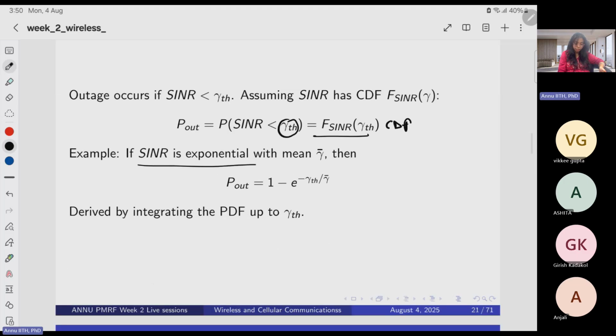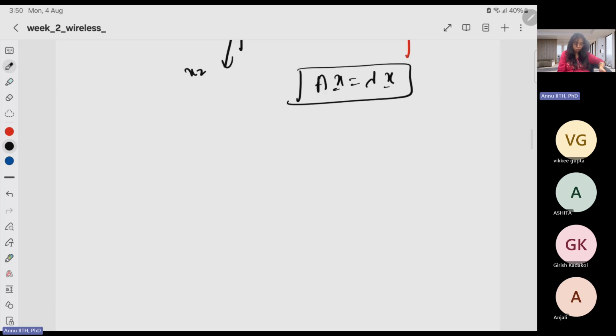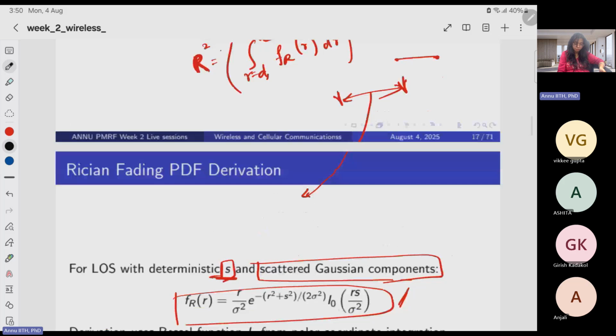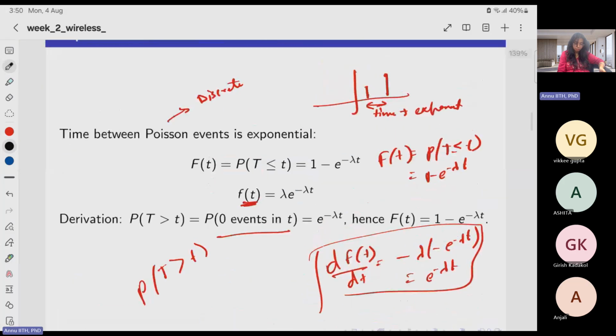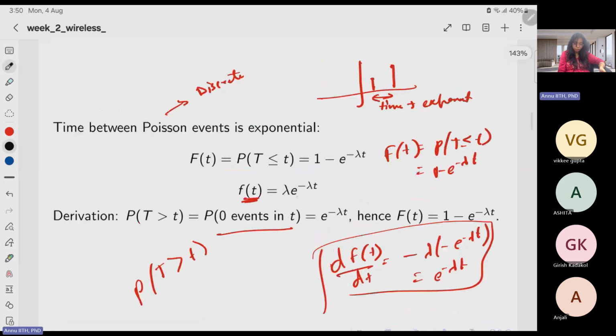If the SNR is exponential with mean, we know that the CDF is 1 minus e power minus lambda t. I hope you can relate with this. The PDF is lambda e power minus lambda t. So this is the outage probability.